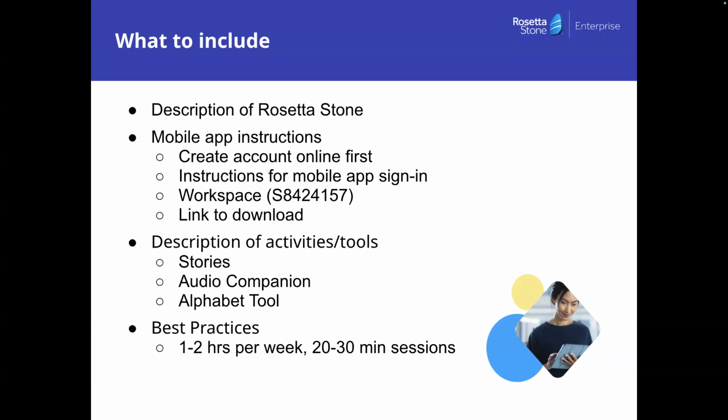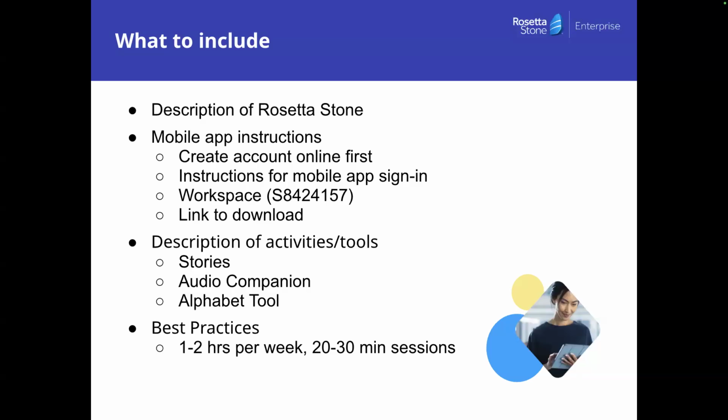One of the most important things I think to include on your A to Z list is some information about the mobile app. Since so many people want to sign into Rosetta Stone on their phone or on a tablet, I think it's important to have that information explicitly shared so that they know how to do it. The most important things I would put in there are that they need to create that account on a computer first and then sign into the app.